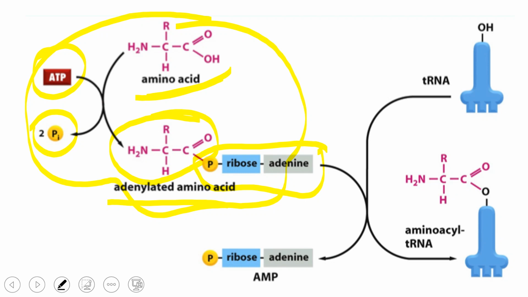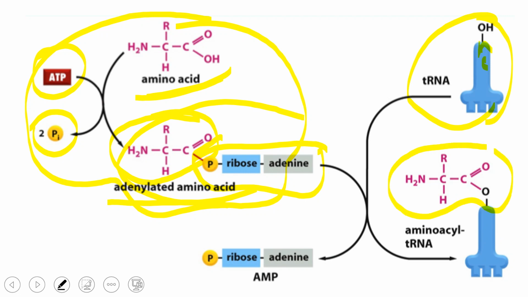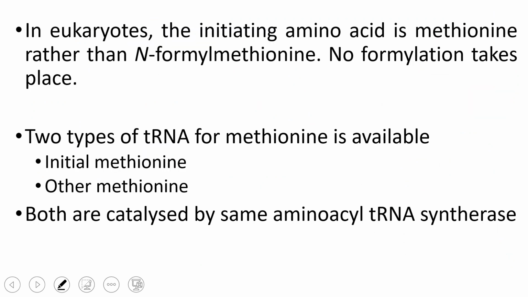In the second step, this aminoacyl AMP reacts with this tRNA. This is the CCA 3' end of tRNA. They react together, AMP is dissociated, and the amino acid is loaded on the 3' end of tRNA. So ultimately, this is the activated tRNA we have got. For every amino acid we have an activated tRNA, meaning the amino acid is loaded on the tRNA.